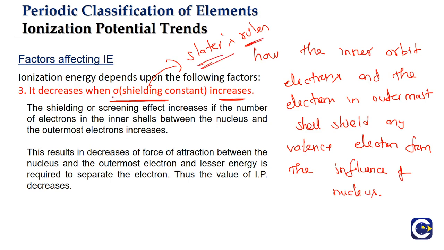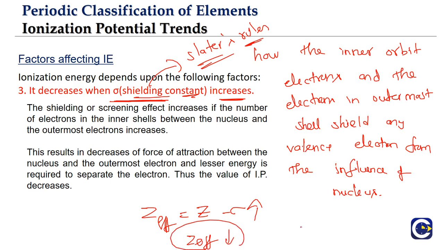When the shielding constant is increasing, what does it mean? If you just go by the formula, Z effective is equal to Z minus sigma. So if sigma is increasing, the Z effective value will be decreasing. Simple.